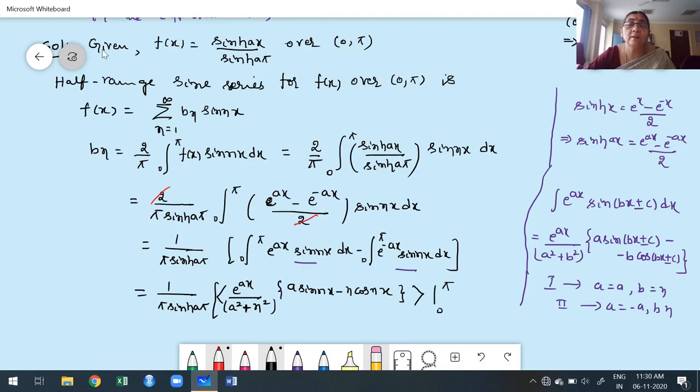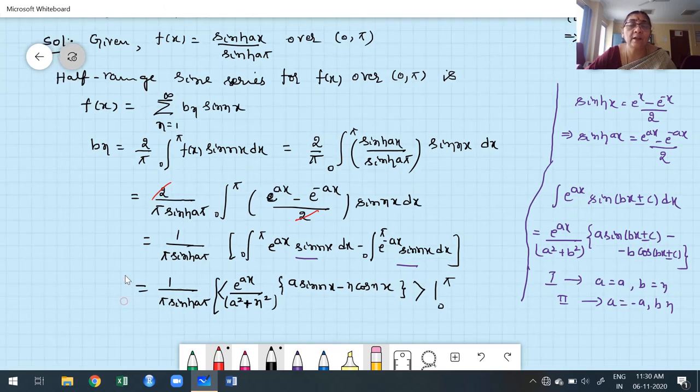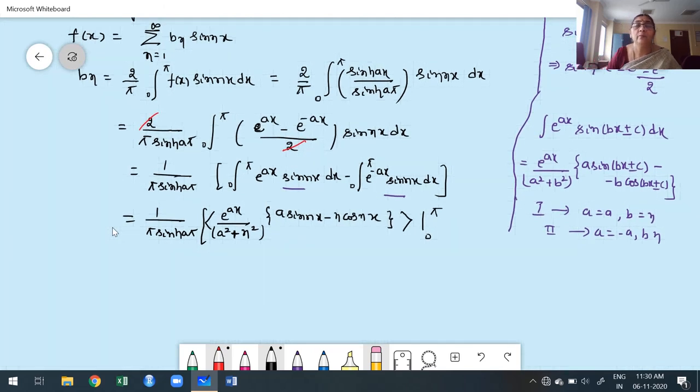The next is, similarly, we go for the second term with the same formula, minus e power of minus ax divided by minus a whole square, what is minus a whole square? A square only, plus n square, of what's the function?